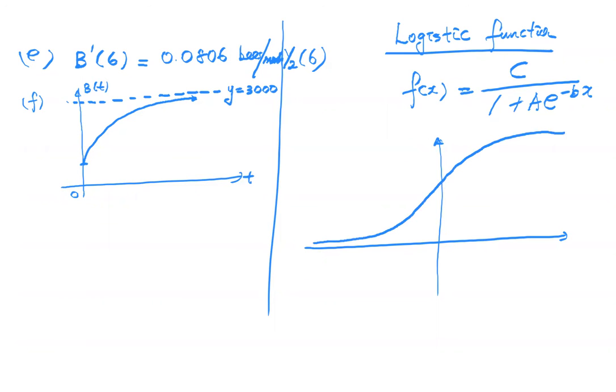S shape. There is an inflection point. For example in this case, the inflection point is negative, so it doesn't show on the graph. Okay, there is an inflection point. There are 2 horizontal asymptotes. One is the upper limit, the other one is the lower limit. That is 0.